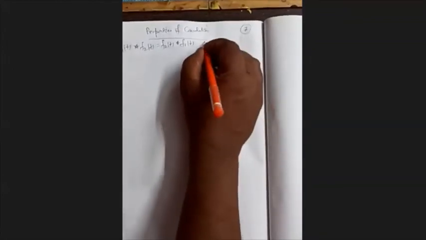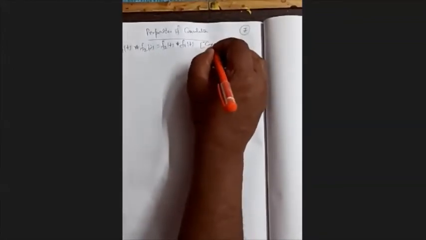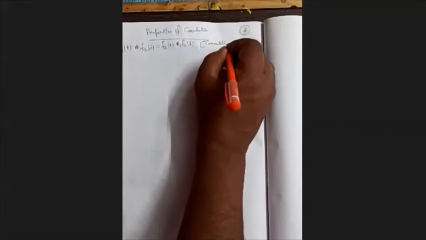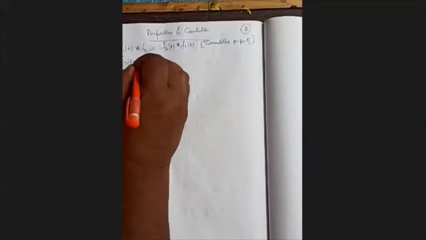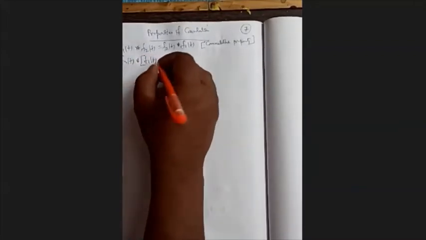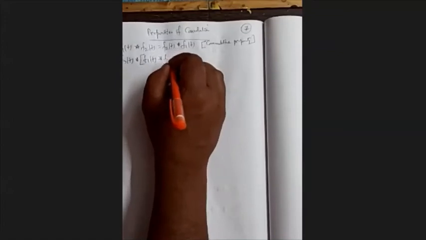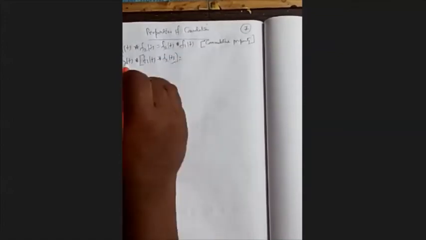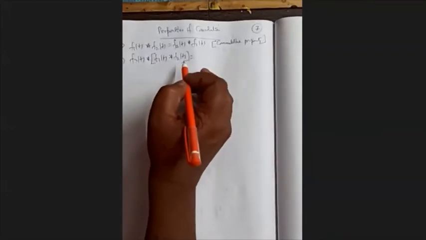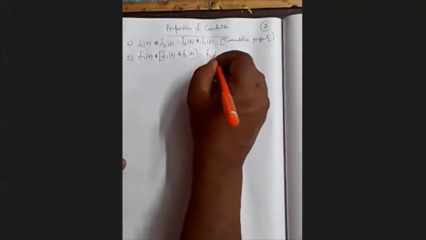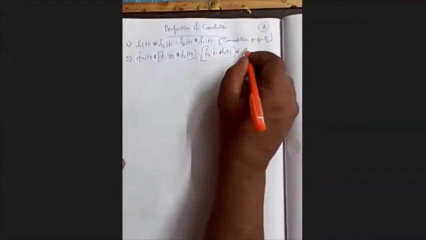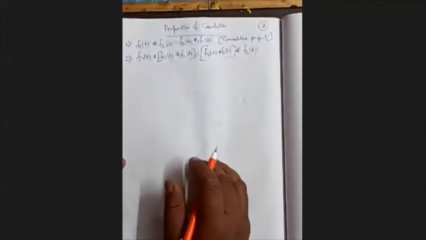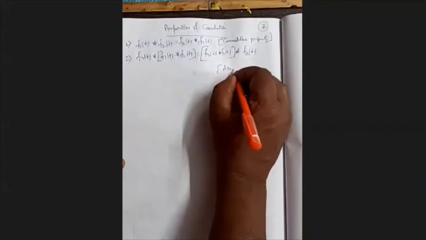Which property is it? You know, commutative property. Next is f3t convolved with f1t and a convolution of f2t. We can change the order. It will be f3t convolution of f1t, and this one with f2t is now taken outside. This is our associative property.